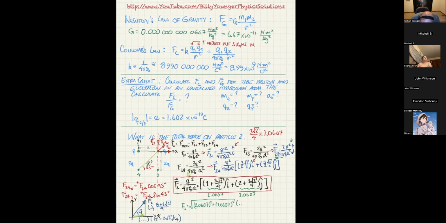This also has that common factor in front of it. So I now have the square root of about 4.2463 plus 9.3676. Again, that's times those symbols that I factored out.